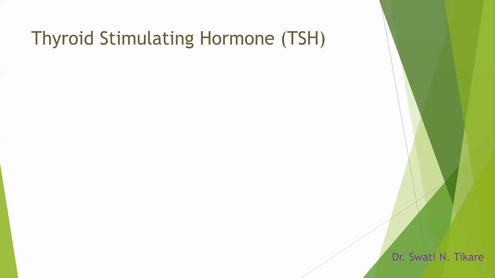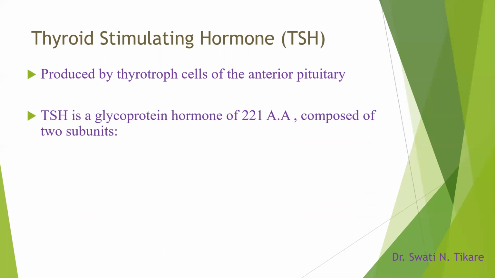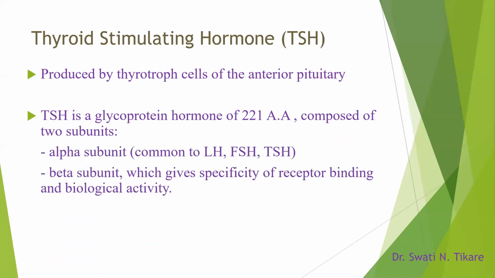So the anterior pituitary hormone here is the TSH, produced by thyrotropes of the anterior pituitary. You know that TSH is a glycoprotein hormone made up of 221 amino acids. It consists of two subunits. This is a bit interesting to know. It has one alpha subunit, which is common to LH, FSH, and TSH.